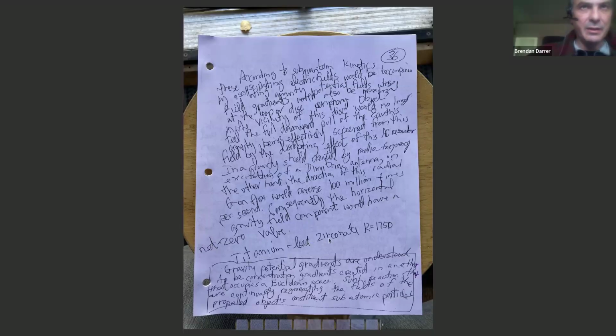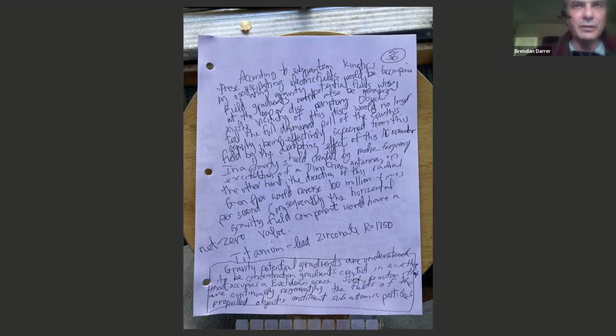Lead titanate zirconate, K equals 1,750. Gravity potential gradients are understood to be concentration gradients created in an ether that accompanies a Euclidean space.